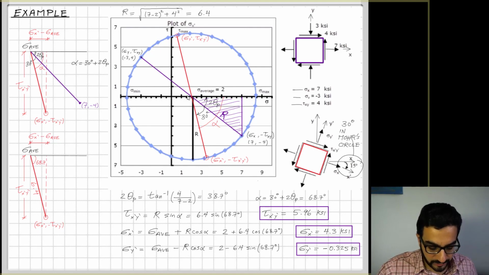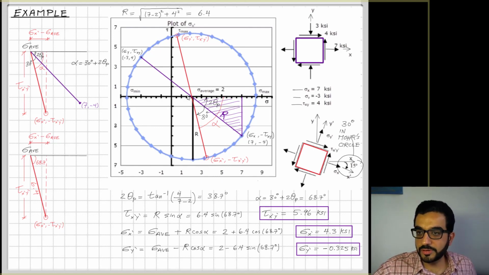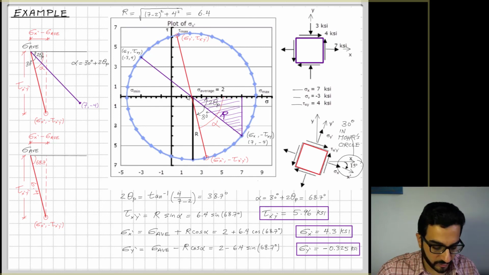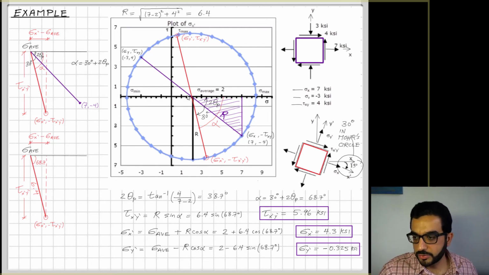So you can see that usually when using Mohr circle to find transformed stresses, you will have to find 2 theta p, which is where the original state of stresses is in the Mohr circle relative to the horizontal axis. Then, using the 2 theta p information, you can figure out the right triangle and use its geometry to calculate the transformed stresses.